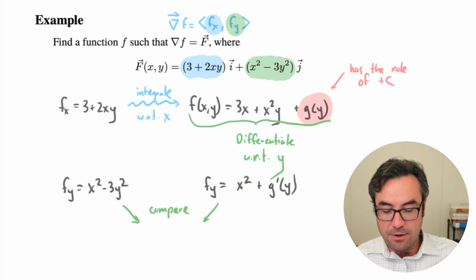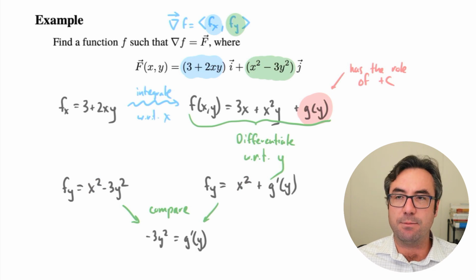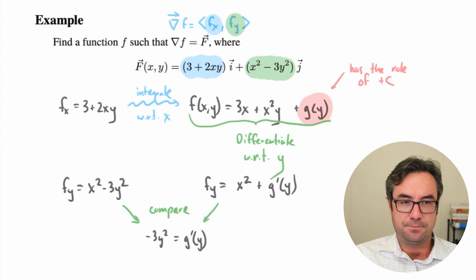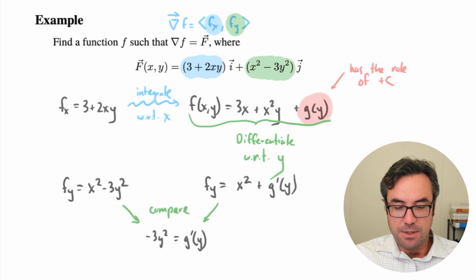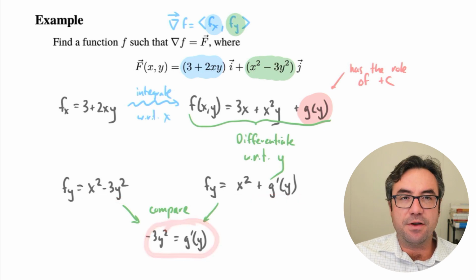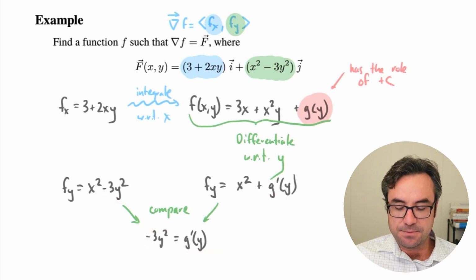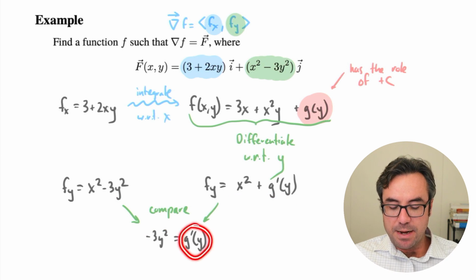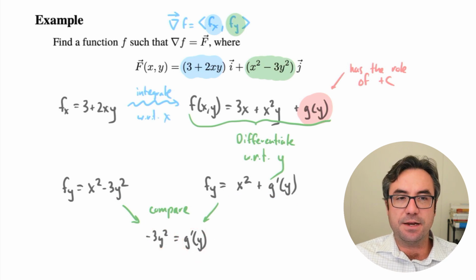And we see that negative 3y squared should be equal to this unknown function g prime of y. So we set this term equal to this term, cancel off any common terms, and we get that g prime should be equal to negative 3y squared.